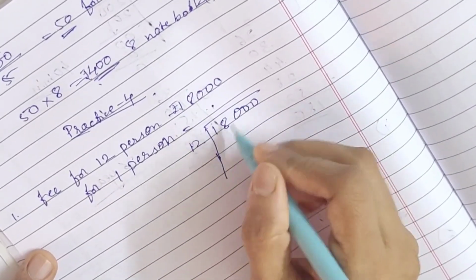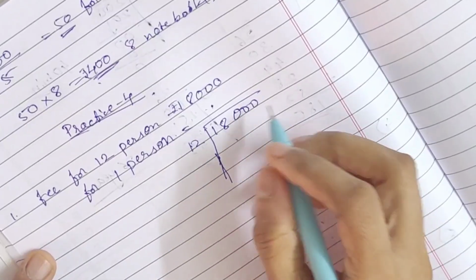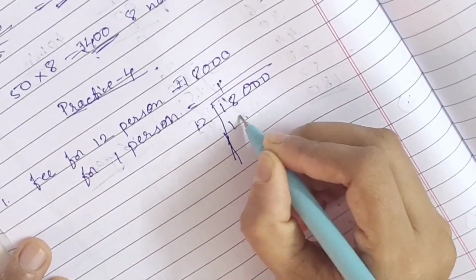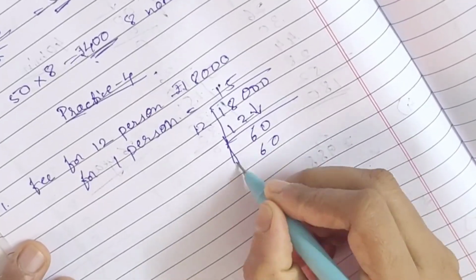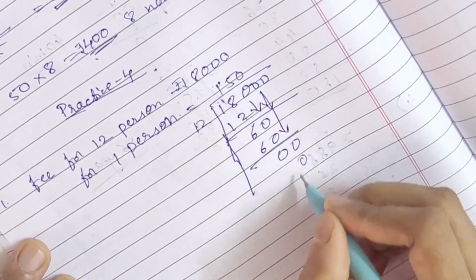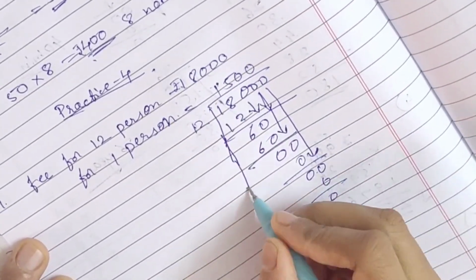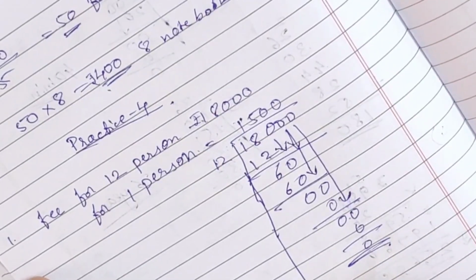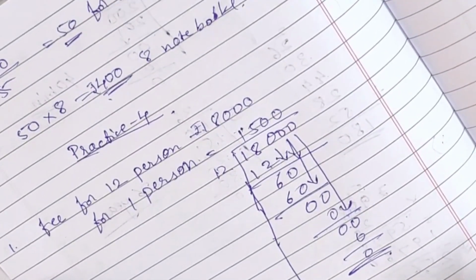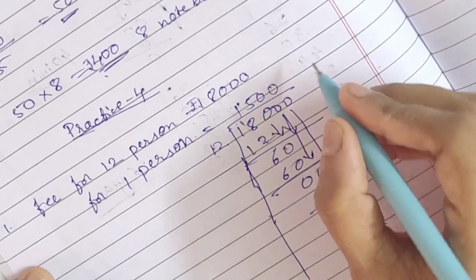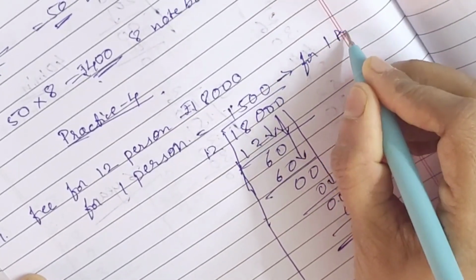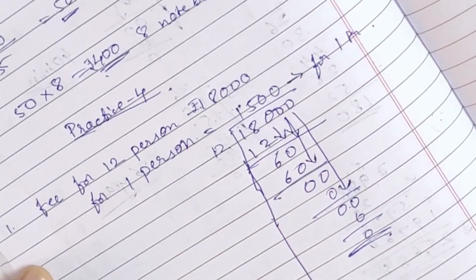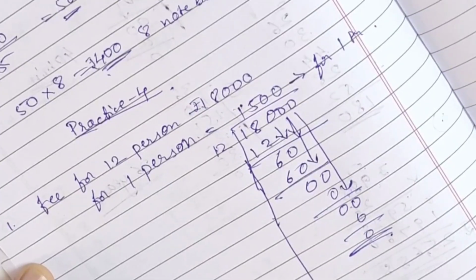So you have to make a division of this. So this is 1,500. 1,500 for one person. Fees for one person, it's 1,500.